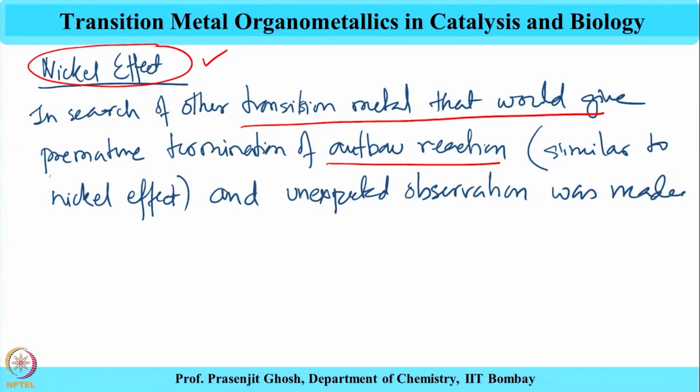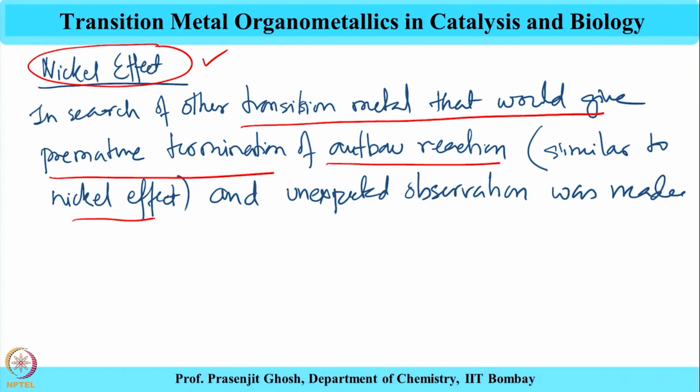Now, once the nickel effect was found, they were looking for other transition metals that would have a similar effect to that of nickel on the Aufbau reaction, and which would also give dimerized or oligomerized product.